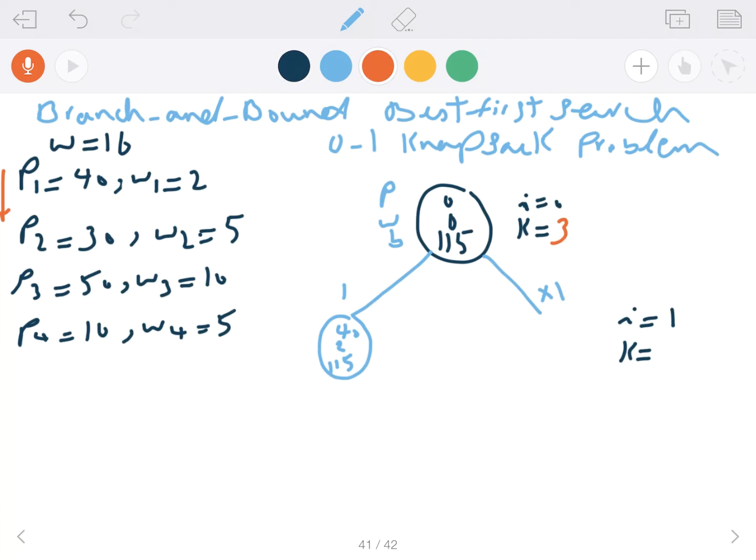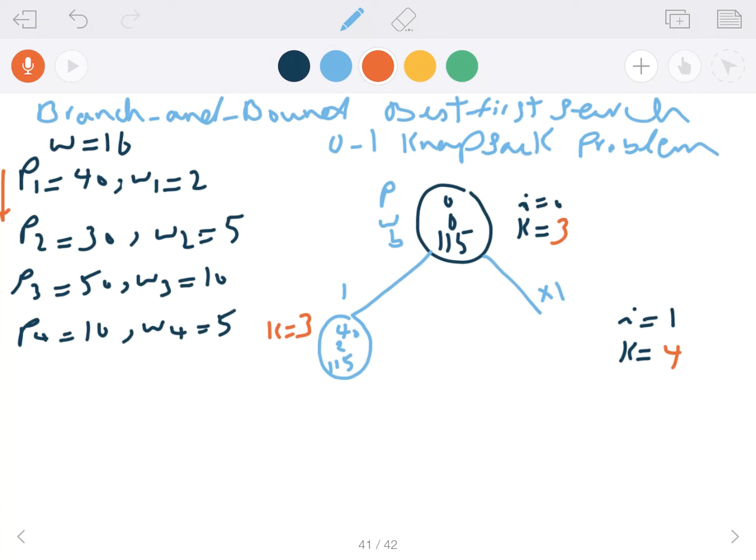Because I already have the total weight of 2. And for the other node, K is going to be 4. In this case, why is K equal to 4?